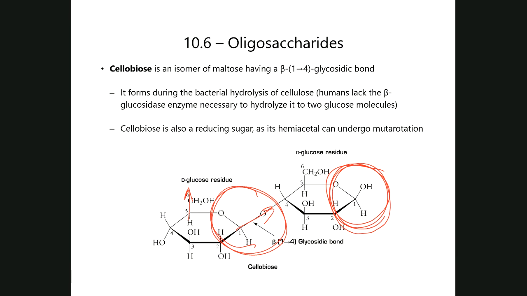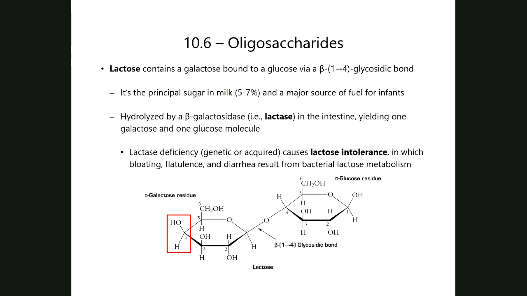All right, so lactose is one that's critically important in human society. This is the main sugar in milk and all of the foodstuffs that are derived from milk, all milk products, dairy products. So what happens in this one is that there's a galactose, down, up, up, bonded to a glucose, down, up, down, okay?